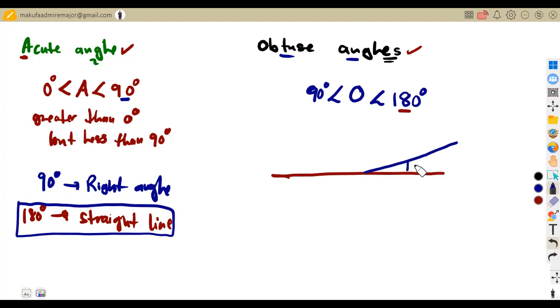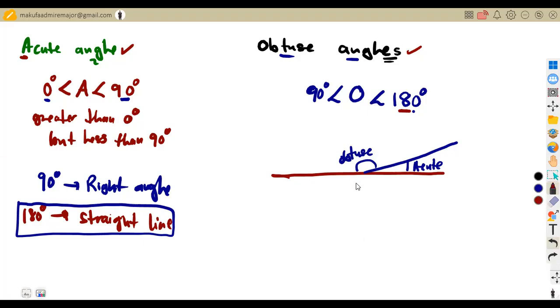If this is my acute angle here, and this is my obtuse angle here, these two must add up to 180 degrees, because remember, we are starting from 0 to 180. So meaning to say, if I have an acute angle, I must know its corresponding obtuse. All right, how can I explain this so that you understand?